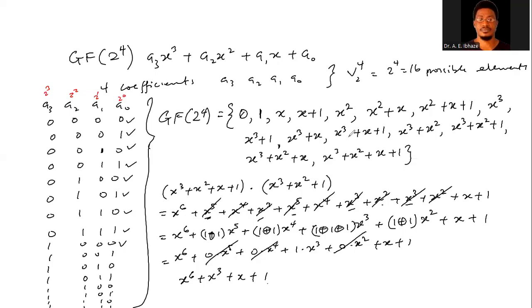Yeah. So now that you have seen that this element is not in the field or the polynomial field, which stops somewhere around here, then we will now have to use what we call the irreducible polynomial to divide this.